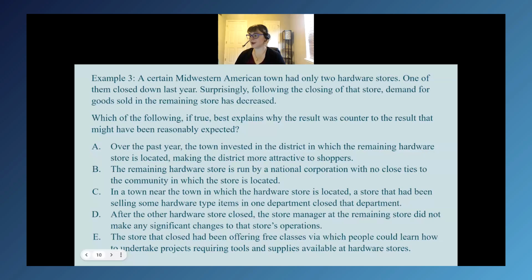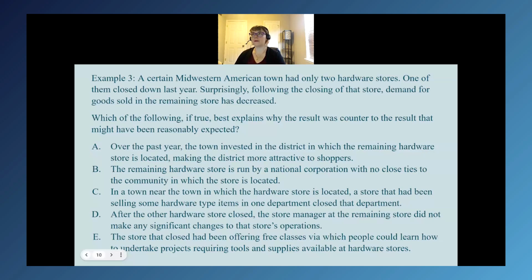And E, the store that closed had been offering free classes via which people could learn how to undertake projects requiring tools and supplies available at hardware stores. So the store that closed was offering DIY classes. So you could go there and you could learn about home stuff that you can do with stuff that you buy at a hardware store, which could have increased demand in the whole town, not just for that store.